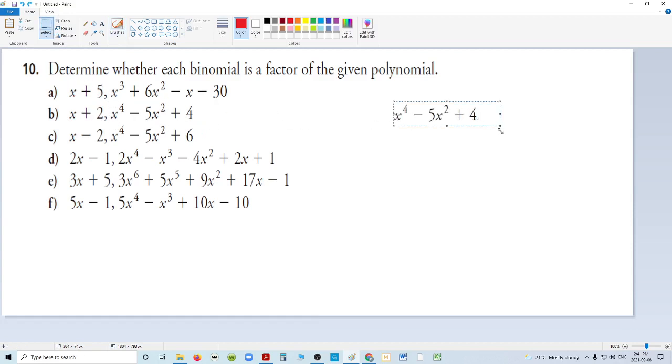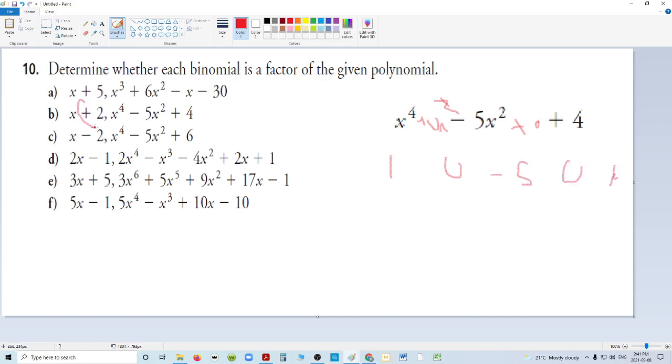I only spotted the x, and I didn't spot the x cubed. So there's a plus 0 x cubed here, and there's a plus 0x here. If I bring down the numbers, it's 1, 0, minus 5, 0, and 4. And I'm trying to see if minus 2 is a root.